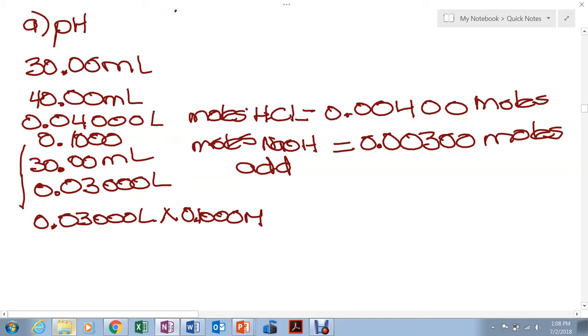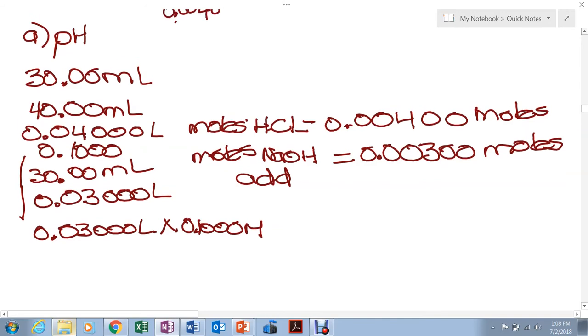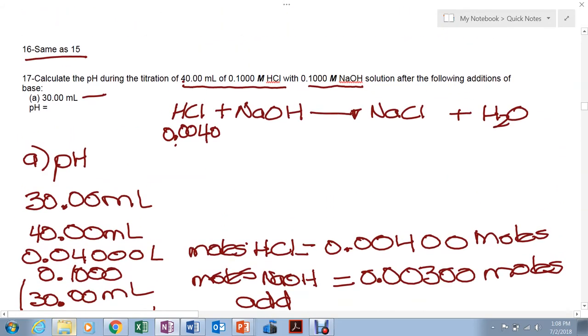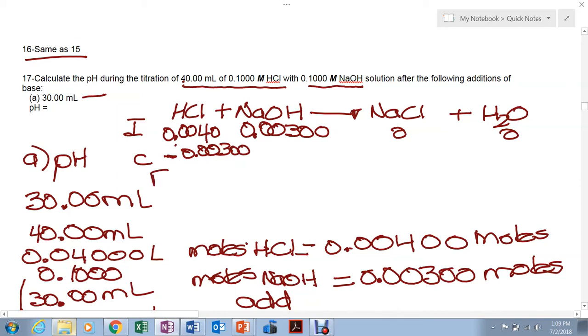So let's go with the reaction and the stoichiometry. Here we added 0.003. So initially we have this. What would change? Here you got 0 and 0. What would change is all the NaOH reacted with the HCl.